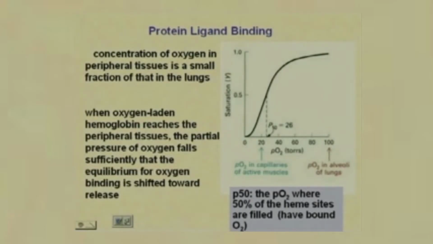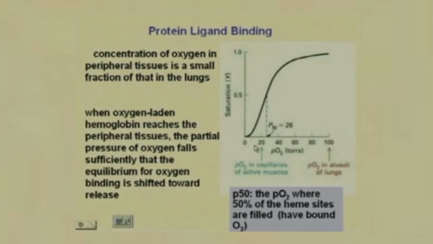If the ligand concentration is higher in the lungs, what do you expect in the lungs? You expect 100% saturation, right? But when the ligand concentration is low, where is the oxygen concentration low? In the tissues, okay? So, we will not even have 50% saturation then.